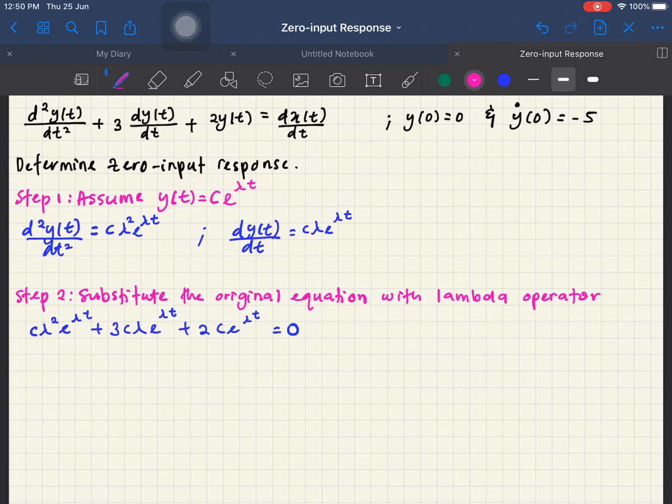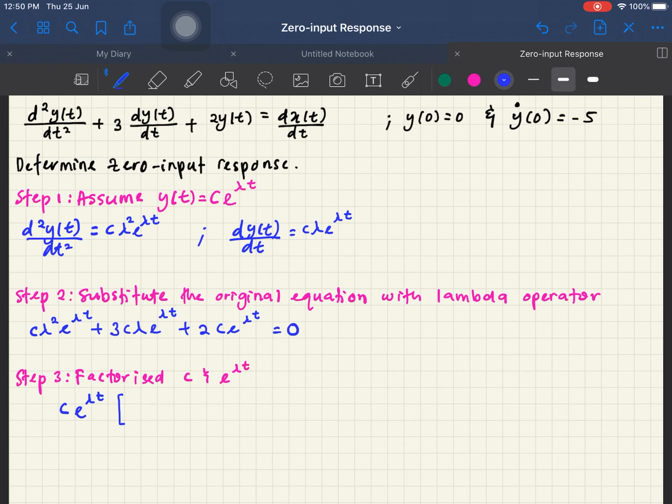Now step 3, you want to factorize c and the exponential. So you have c and e to the power of lambda t outside.